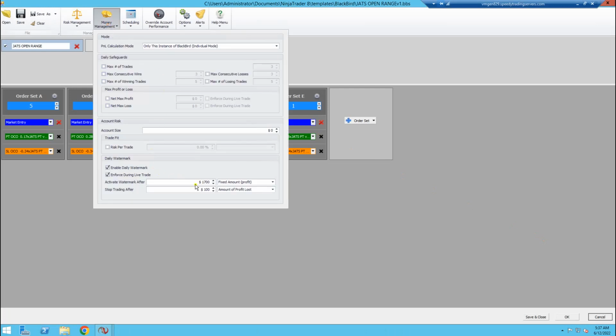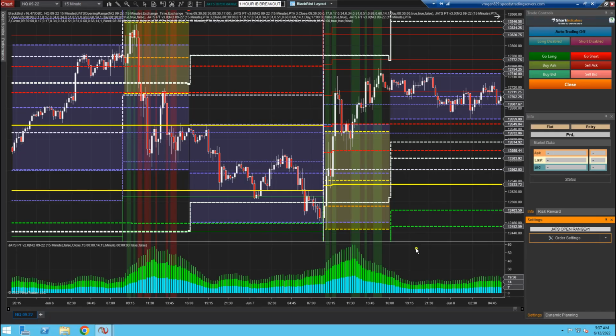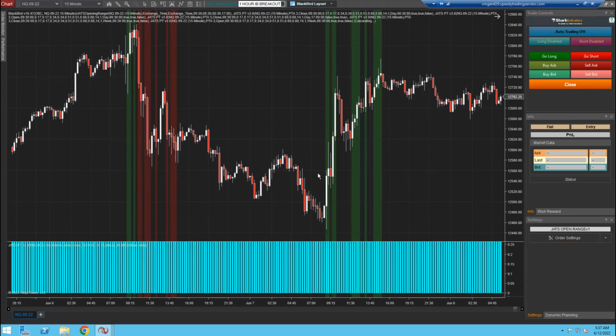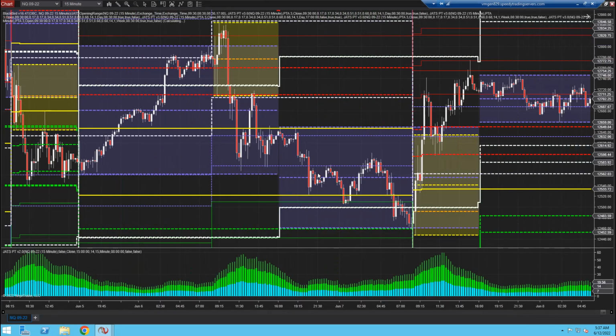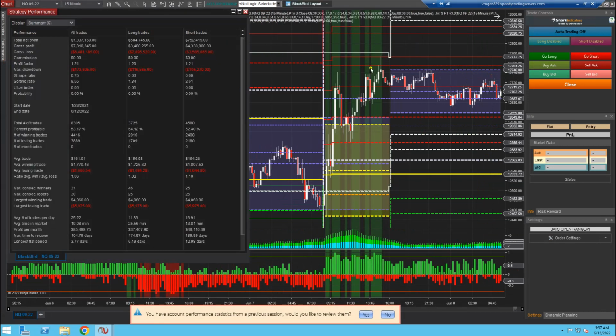And if I remove the watermark, I want to compare the number of consecutive winners to losers, the percent profitability, and the profit factor, and see which is better: limiting the number of dollars that the strategy can reach, or letting your winners keep running. And we'll take a peek at that right now.